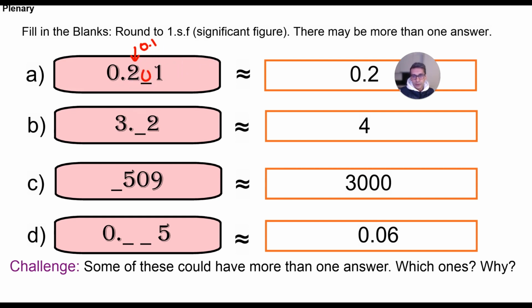Can it be 0? Yes, that would round to 0.2. Can it be 1? Yes. Can it be 2? Yes, because that will also round to 0.2. Can it be 3? Can it be 4? So we've actually got a range of answers here. This can be anything from 0 to 4.